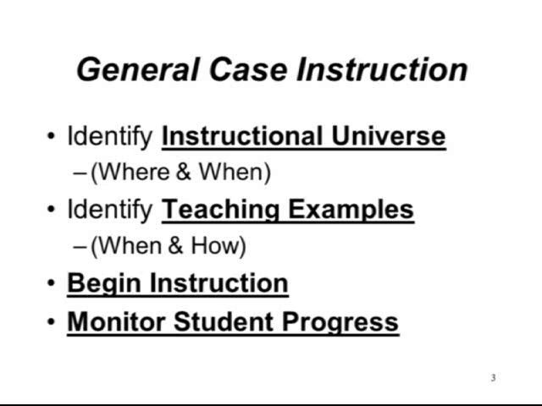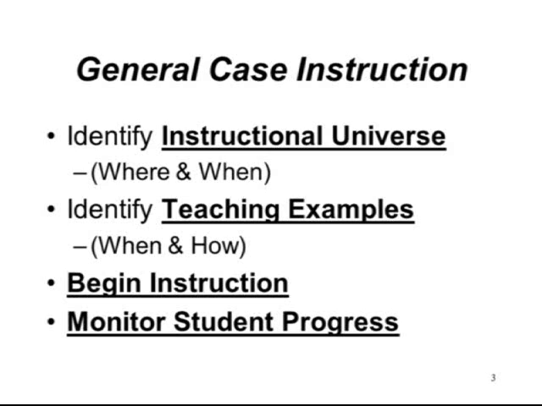We also have to decide on what examples we are going to use. Selecting enough positive examples, and a range of examples, is very critical to teaching a skill so that it's going to generalize. So we call the examples the how and when part of the teaching.